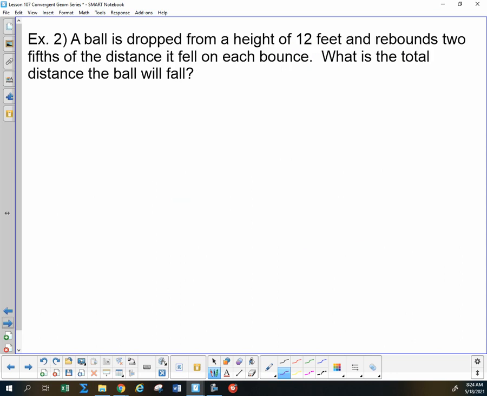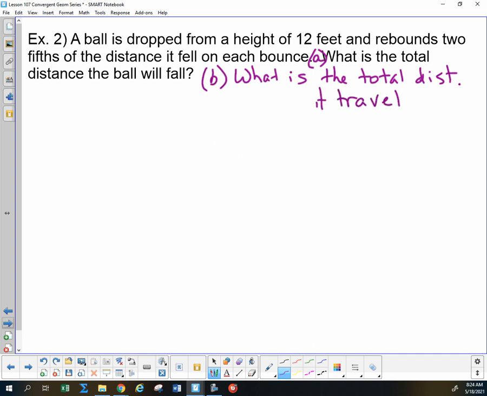Okay, next example. I'm going to do 2 ways. What is the total distance it will fall? And what is the total distance it travels? So falls, that's going to be the downward part. So it's going to go down 12, and then it is going to bounce up 12 times 2/5.